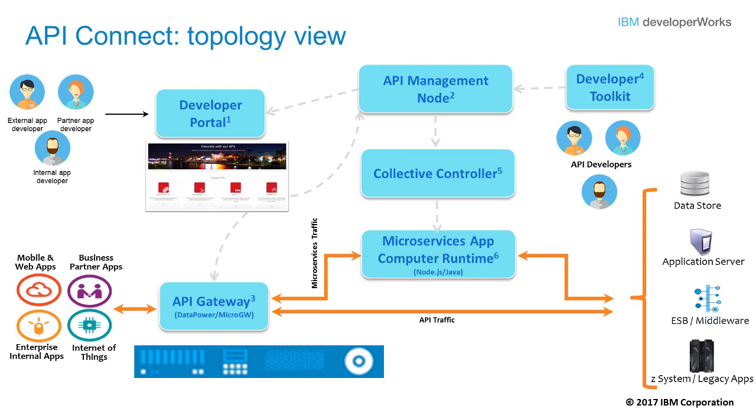That gateway actually handles the API traffic that may go directly to the various different kinds of backends or through a microservice application, all of which is offered by API Connect in a largely code-free environment.